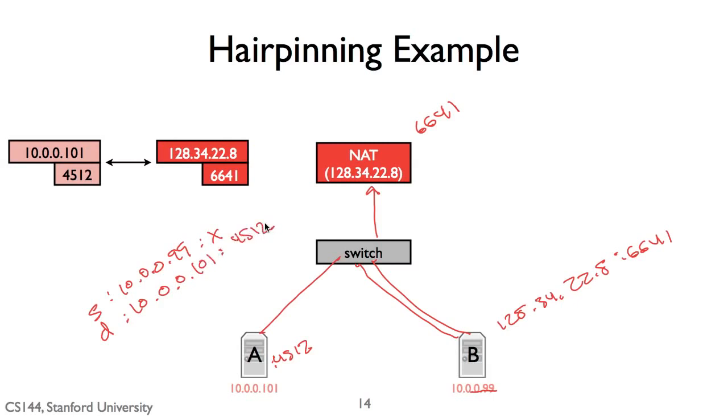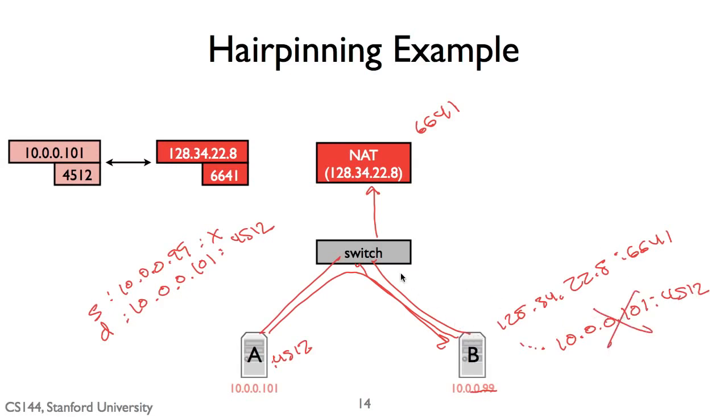And let's say it likes this packet, it wants to respond, and it sends a response. That packet is never going to reach the NAT. It's possibly just going to go directly through the switch. And because it doesn't go through the NAT, it's not going to be translated. So B is going to send a packet to 128.34.22.8 port 6641, and we'll see in response a packet from 10.0.0.101 4512. So this breaks. This is not what you want to do.